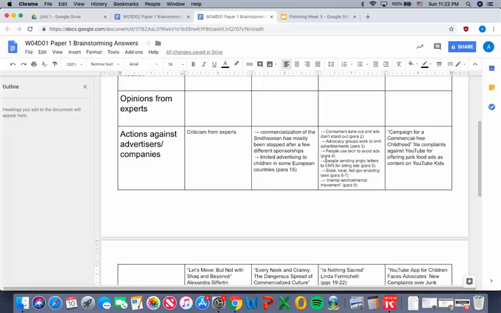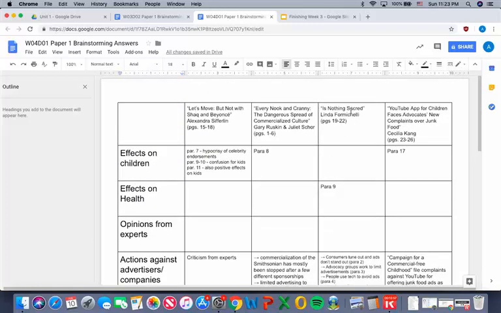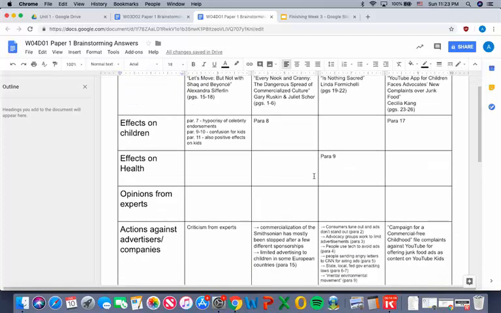People sent angry letters to CNN for airing ads in classrooms. State, local, and federal governments enacted laws against advertisement. And then the environmental movement was a social movement against advertising companies. So those are some things that come up from the Formicelli article that showed these different actions against advertisers and companies.